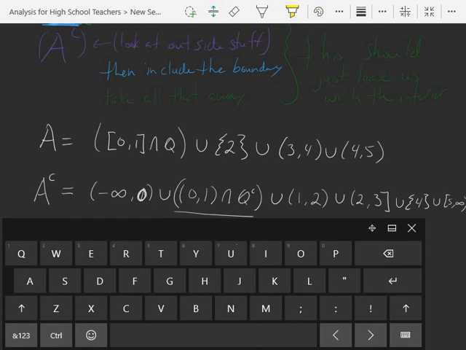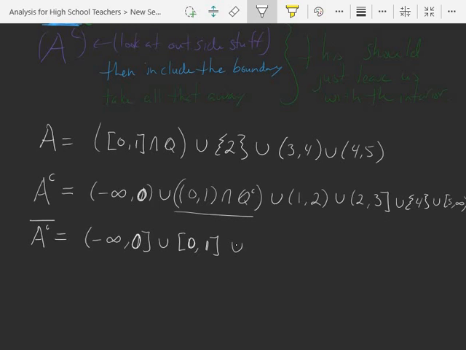And then I include 1 to 2 and 2 to 3 is the closure of that part, and 4, and 5 to infinity, right? Okay, so I've got closed, closed, closed, closed, closed, closed. I've got the finite union of closed sets, so that's going to be closed.